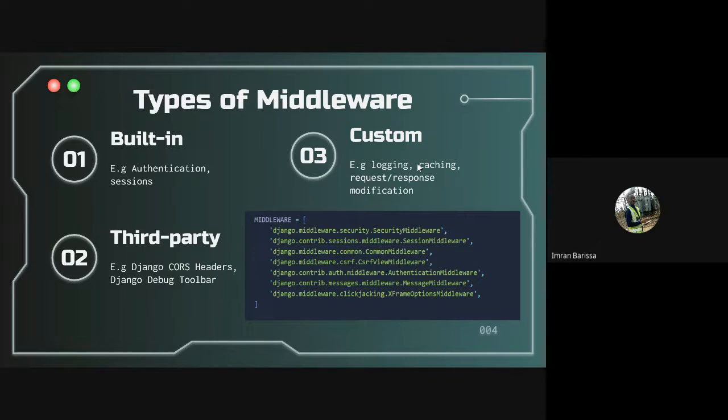Okay. As I was saying earlier, the order is important in middleware. Maybe the CORS middleware requires the user to be logged in. If they are not logged in, then the CORS middleware will not be able to access the user.